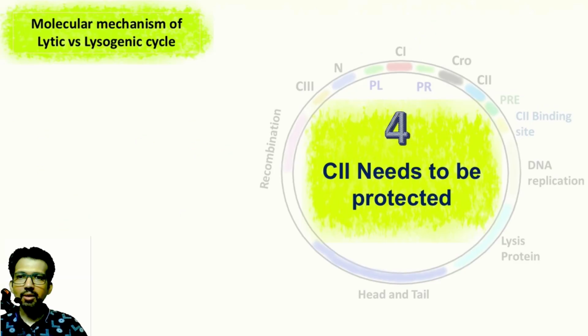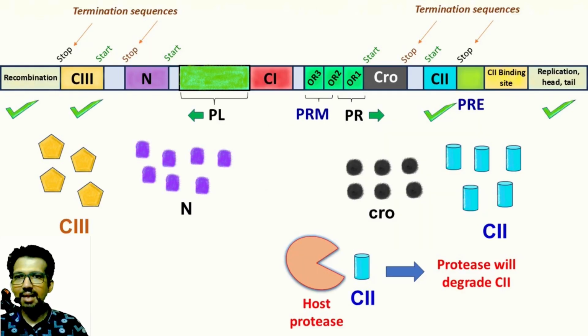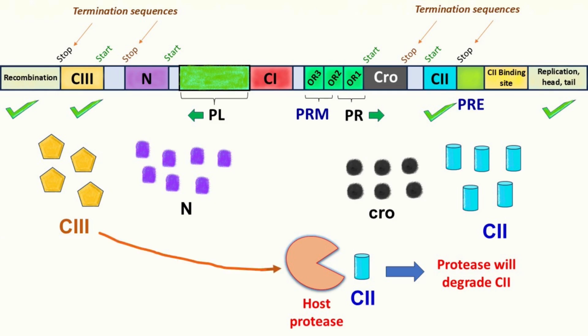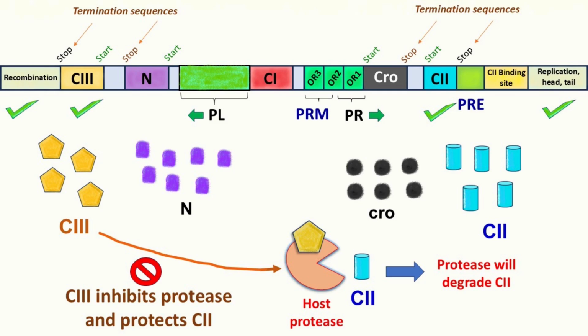Now C2 can be easily degraded by the proteases found in the cell. This degradation is prevented by C3. C3 inhibits the host protease enzyme. As the protease is inhibited, the degradation of C2 is prevented.